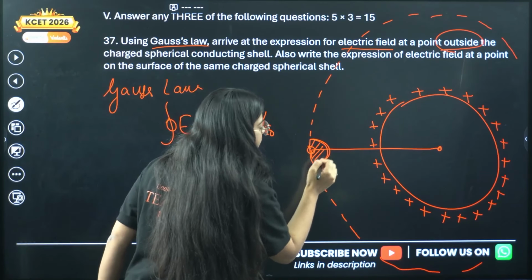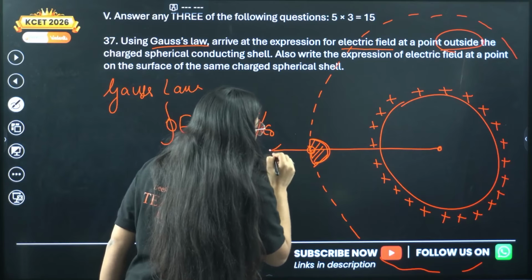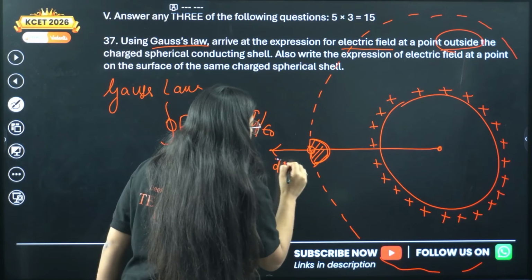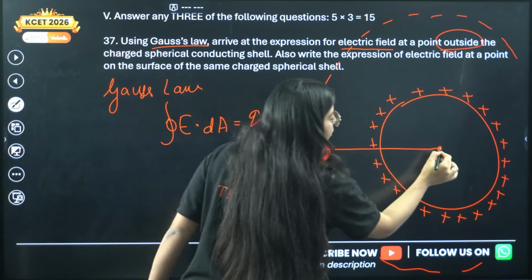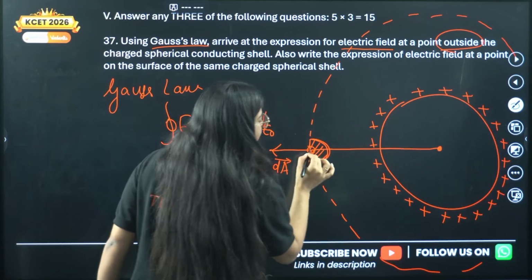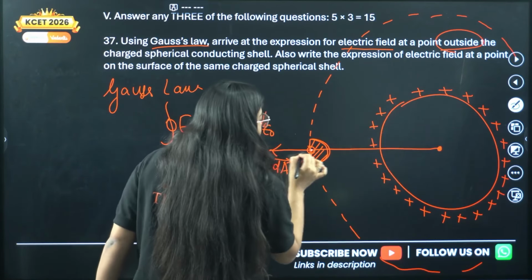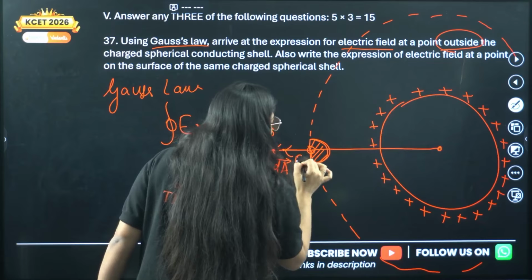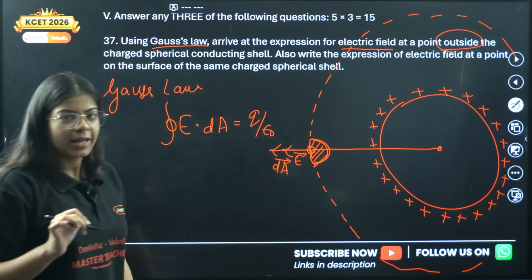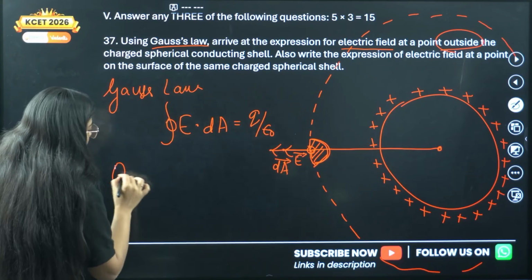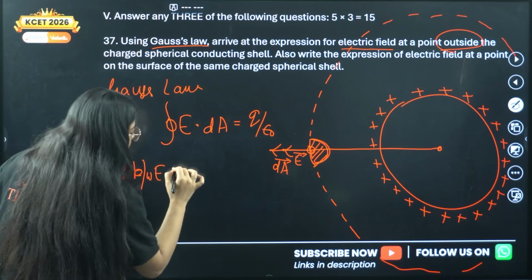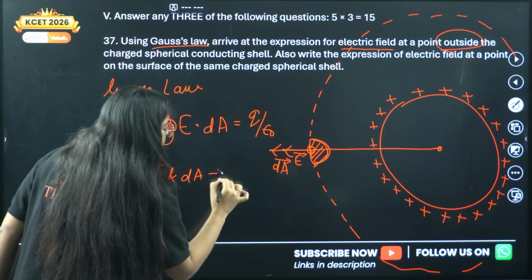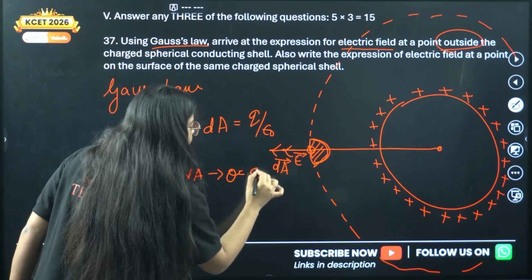The area vector will be perpendicularly outwards, and the electric field at this point due to this shell will also be perpendicularly outwards. So theta between E and dA will be 0 degrees.